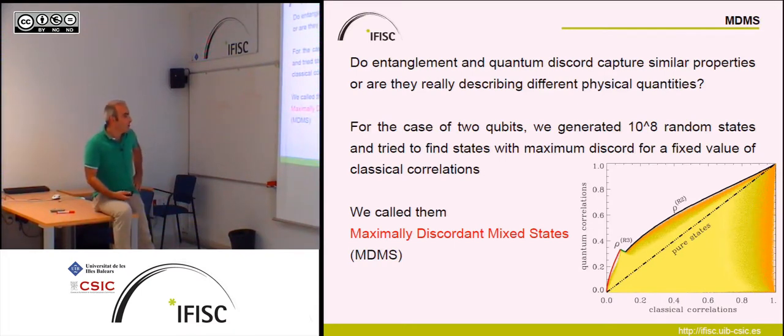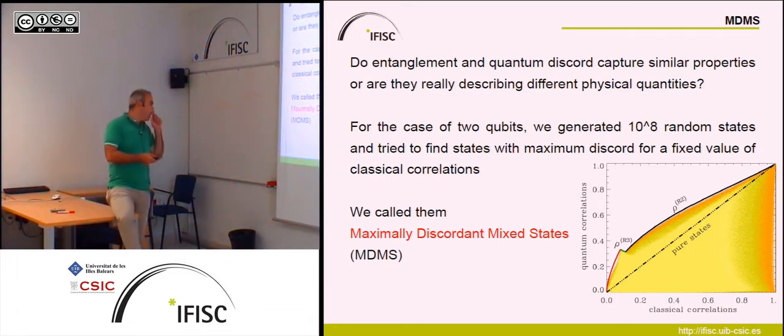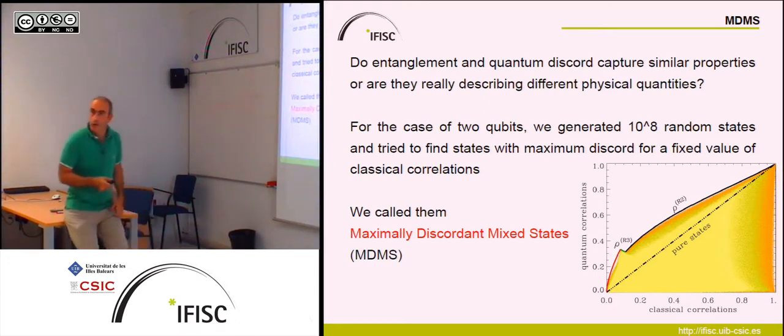So I start to speak about the differences between discord and entanglement. Here, actually Fernando generated 10 to the 8 random density matrices for the Hilbert space of 2 qubits, 2-level systems. And for each state, we measure both quantum and classical correlations and entanglement.